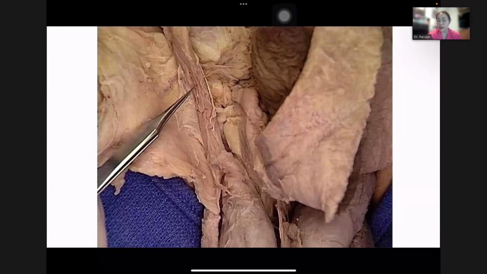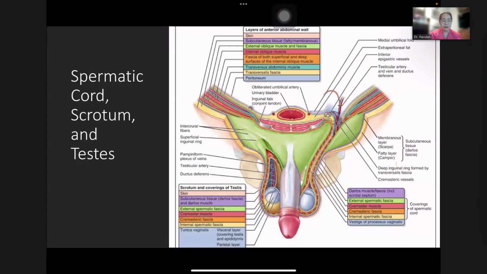Maybe you don't have the book yet. Cremasteric fascia is here. Looking at the red part, you can say it's derived from the internal oblique muscle of the abdominal wall. Do you get how to use this?